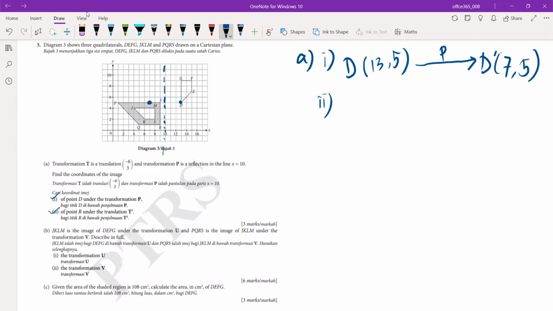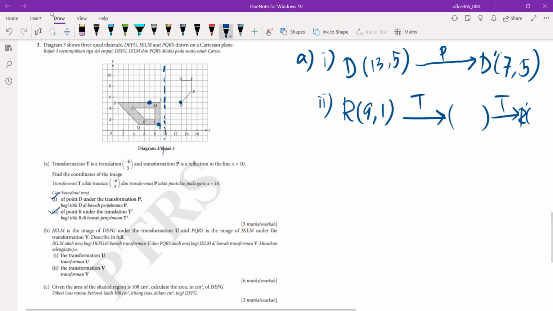Point out under translation T. T squared. Be careful. Where is the point out? 9, 1. Under transformation T squared means you have to do 2 times and you will get the answer.